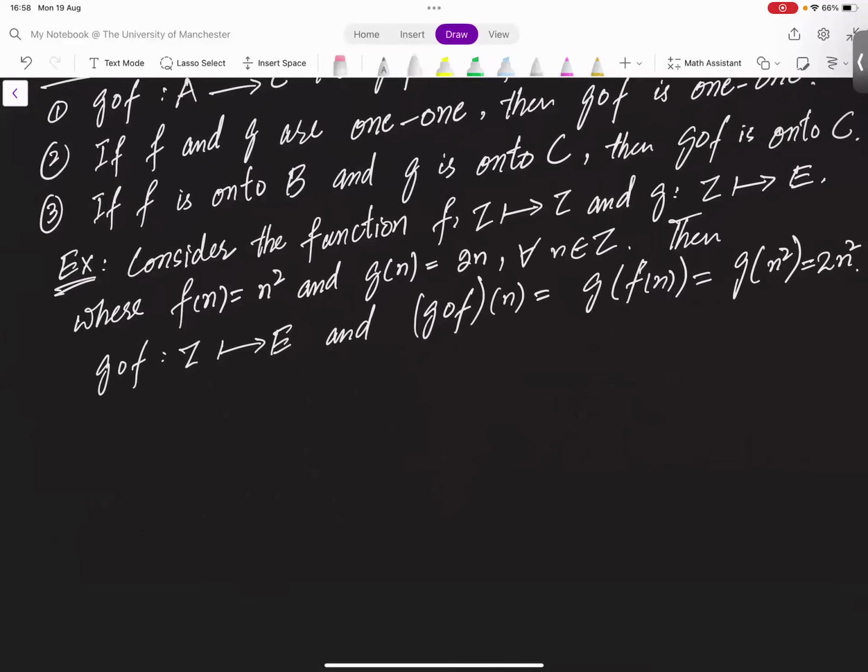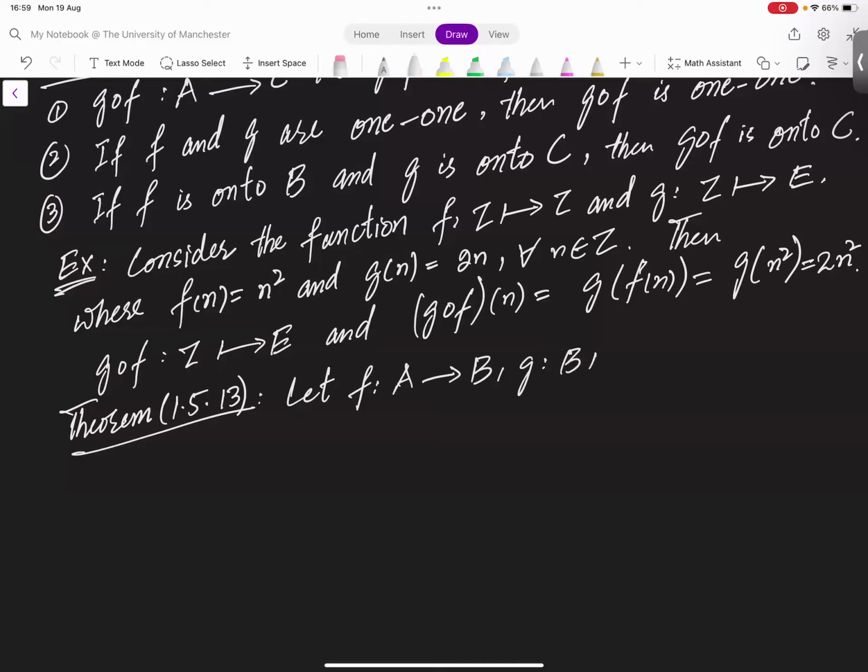Theorem 1.5.13. Let f from A into B be a function, g from B into C be another function, and h from C into D be another function.